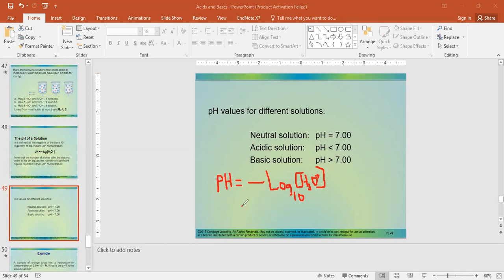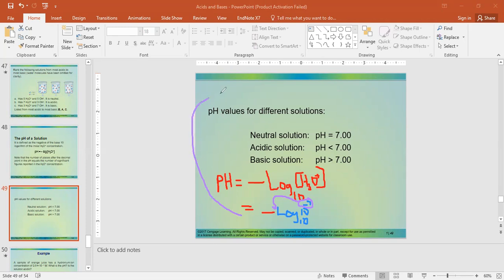So we say that this is equal to negative log to base 10 of 10 to the power negative 7. Now, what do we know about powers in logarithms? The power in a logarithm can become a coefficient. So it can come here.